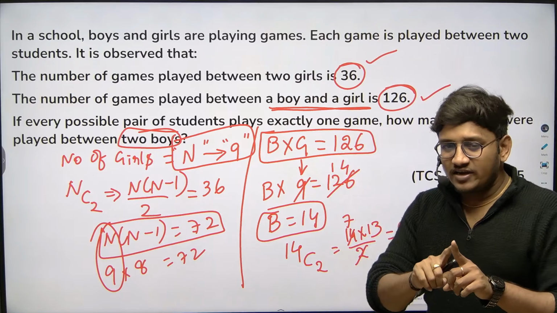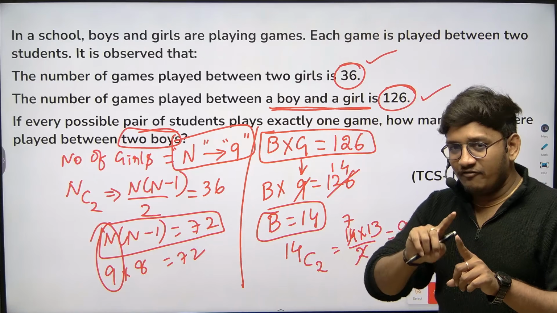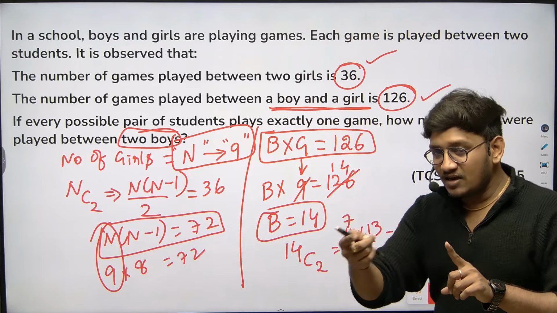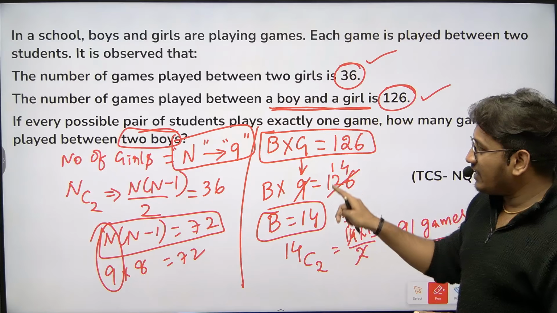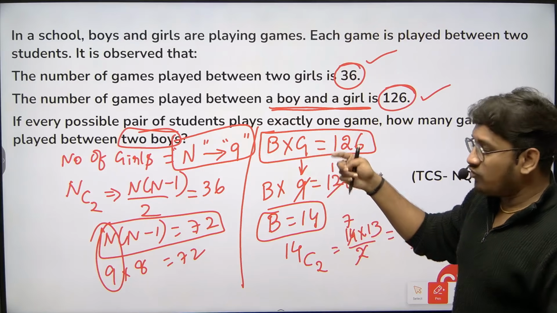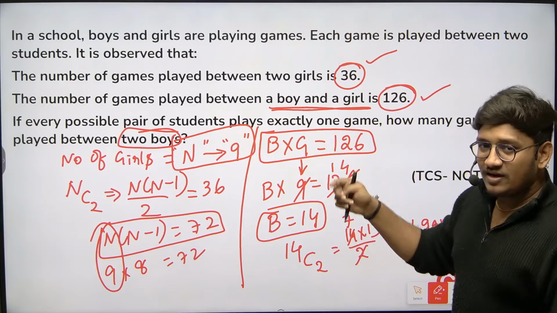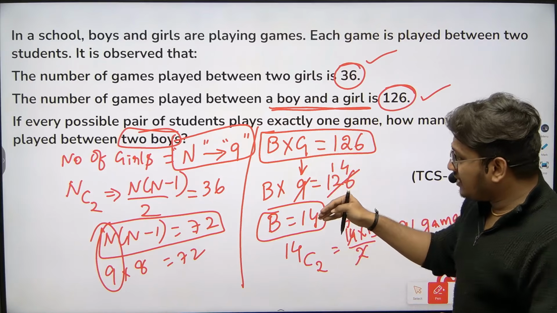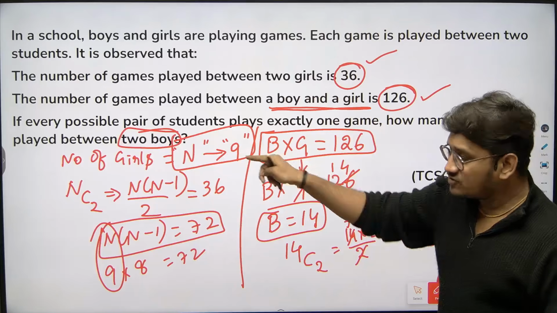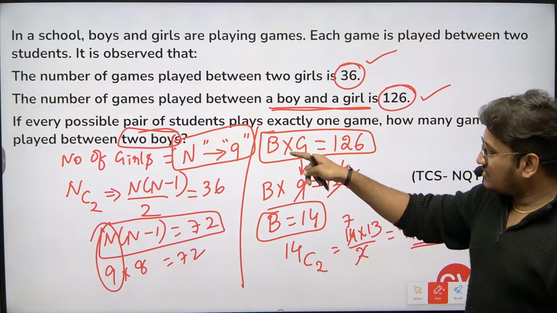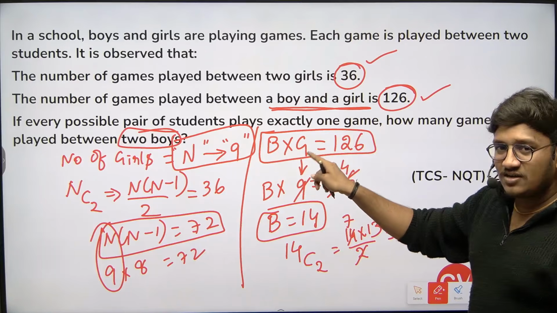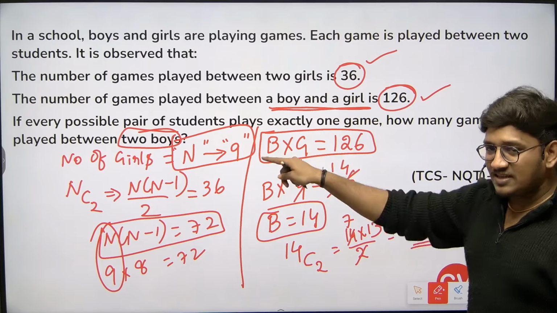The same first boy will play a game with the second girl, the second combination is also done. The same first boy will play with the third girl, the fourth girl, the fifth girl, likewise. So 14 into 9, and 14 times 9 is 126. It is getting matched, right? That's how we got that the boy and girl combination is 126. That's the reason I substituted it here.